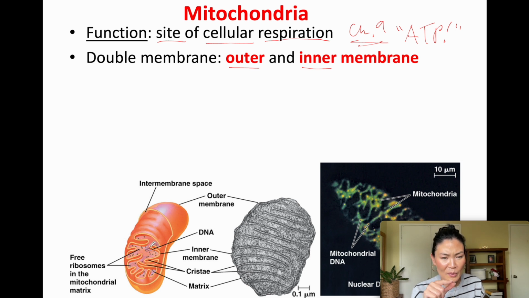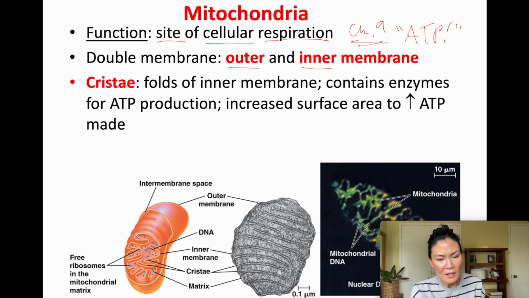The inner membrane is highly folded, whereas the outer membrane is pretty smooth. And there's a reason for that. When we have a highly folded structure, that increases surface area. And when we increase surface area in the mitochondria, that allows for more ATP to be made. Those folds are called cristae, the folds of the inner membrane.